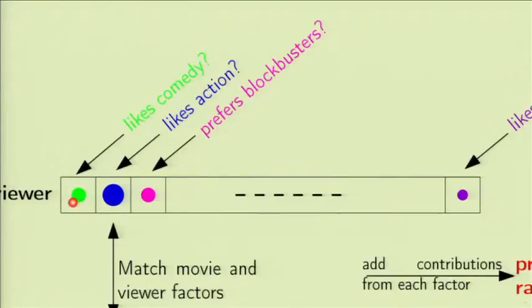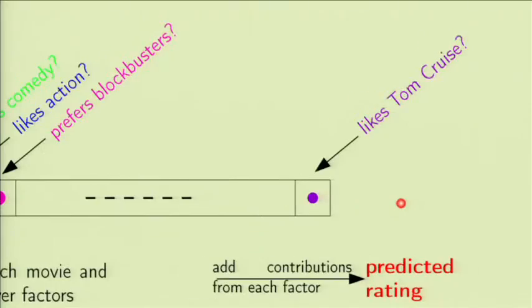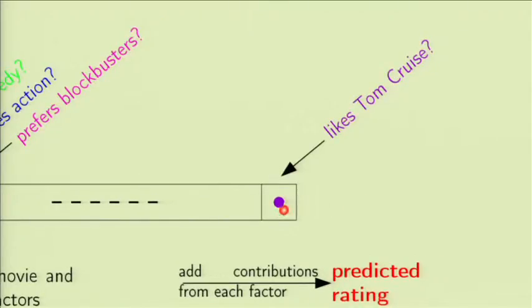Does the movie have a lot of comedy? From a viewer point of view, do they like comedy? Do they like action? Do they prefer blockbusters, or do they like sort of fringe movies? And you can go on all the way, even to asking yourself whether you like the lead actor or not.